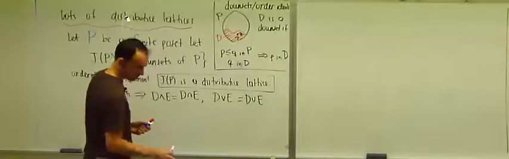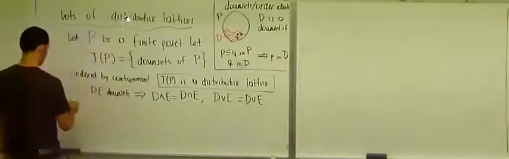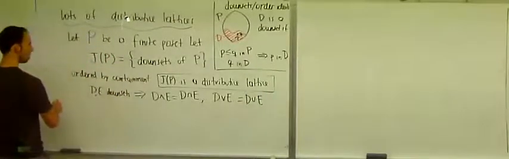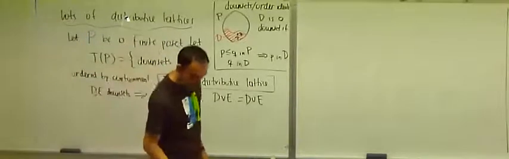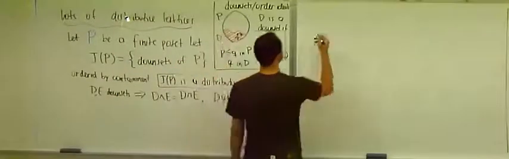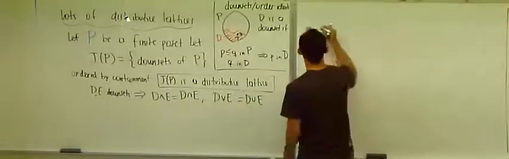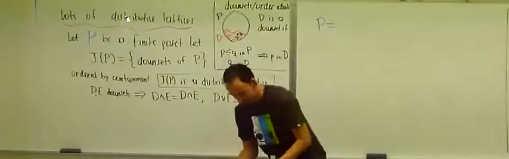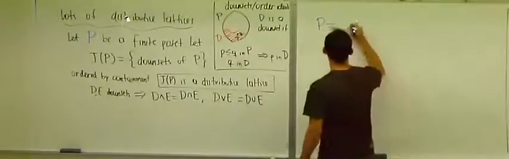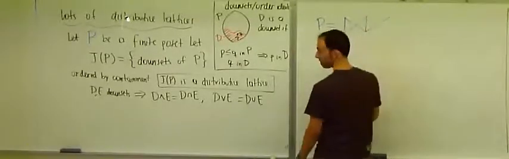Let me do an example of this. But before I do the example, trying to manage my board here. Let's do an example. So I said my poset P was going to be blue. So this is any finite poset.